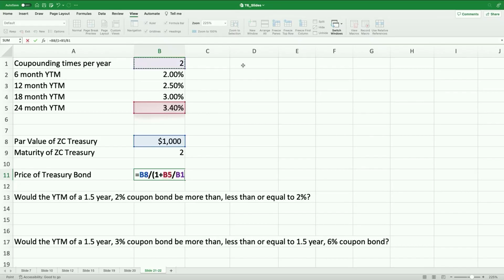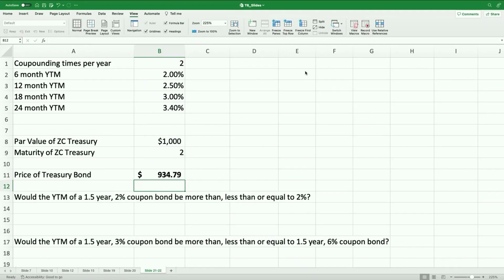This 3.4% rate just means 1.7% every 6 months. So if it's 1.7% every 6 months, how many 6-month periods are there in 24 months, 2 years from now? There are 4. Or formulaically, you can see it as the 2-year maturity of the treasury times the fact there are 2 6-month periods per year. Good. That gives us our $934.79 price of this bond. Okay, good.